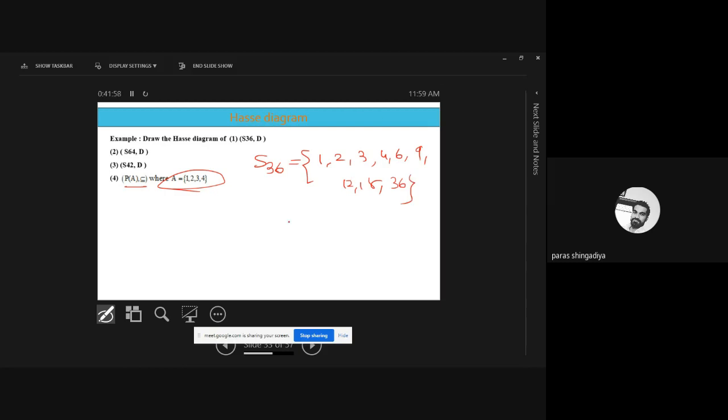These are the divisors of 6 and of 1. Now cover answer 4. Math 4, 18, and 36. So 4 and 2. Another of 3.